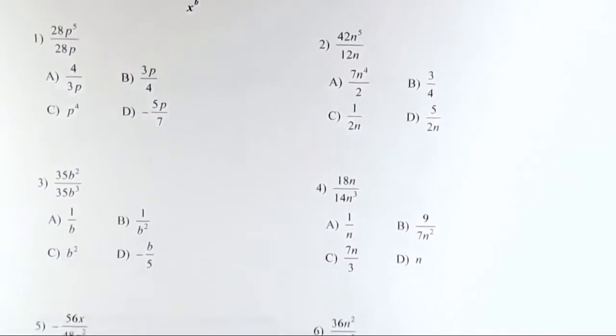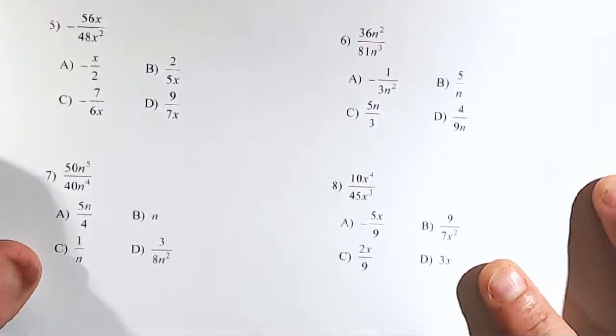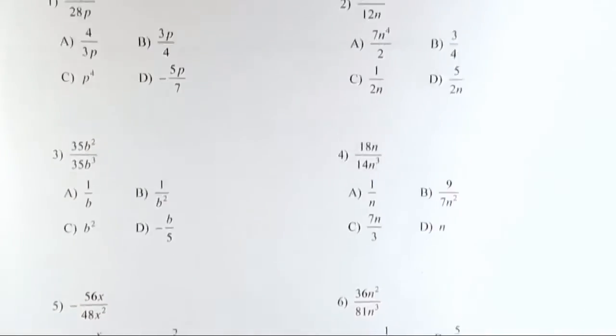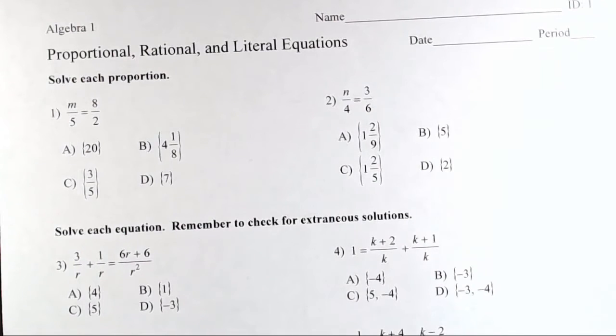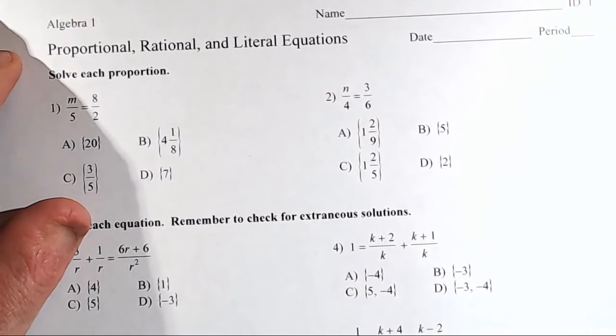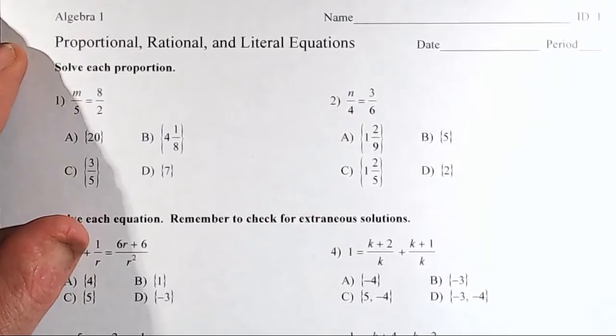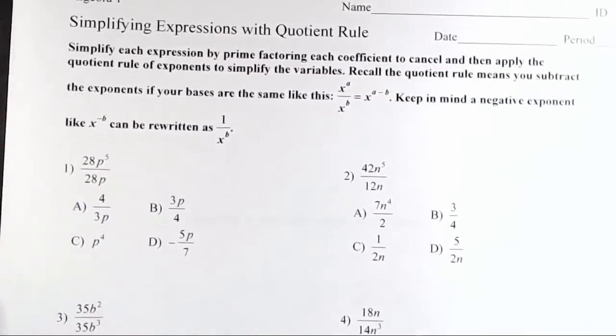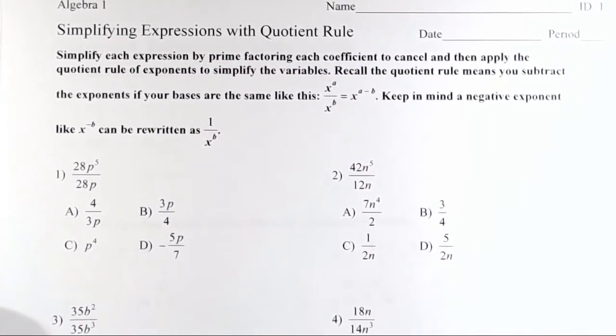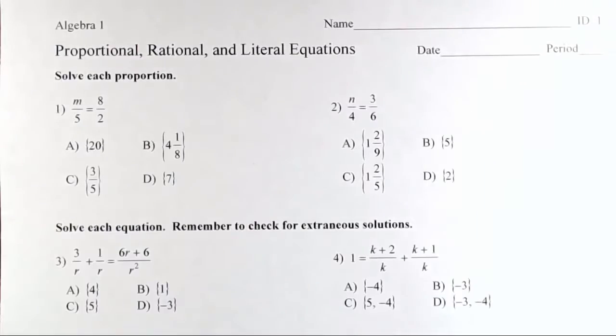Not too bad at all once you get the hang of it. This little 8-question assignment will fly by, no worries. This assignment will be given to you on Wednesday, and it will be due Thursday, okay?